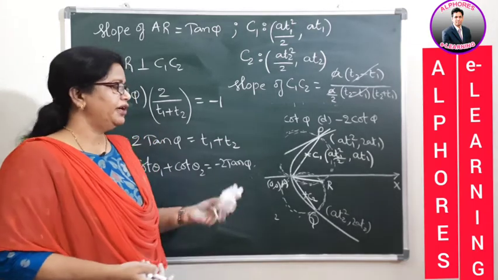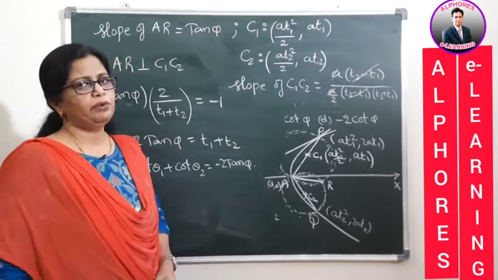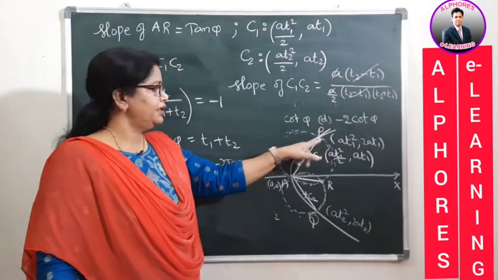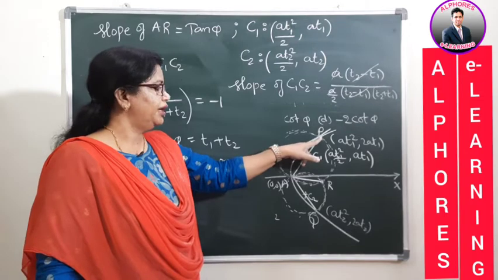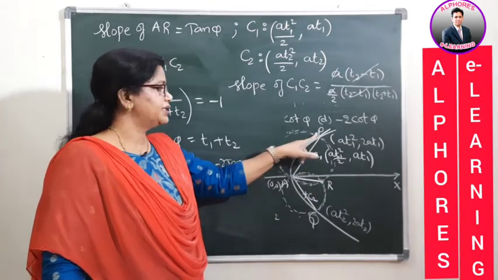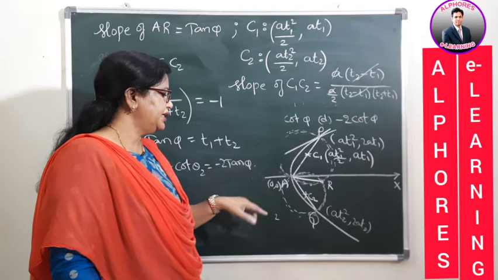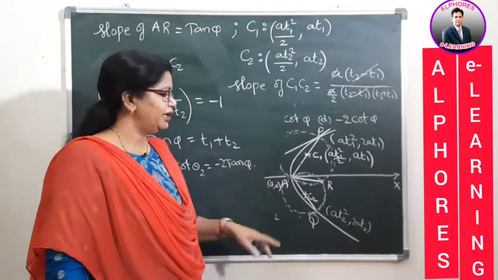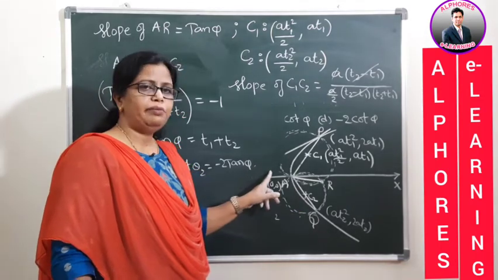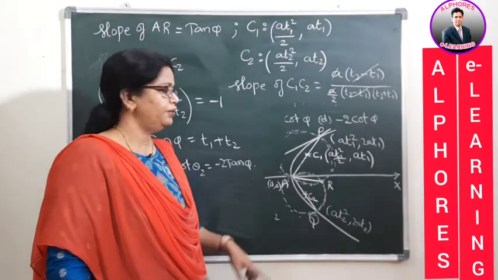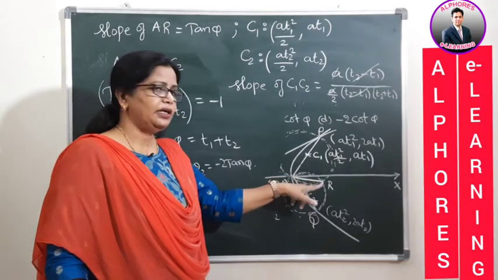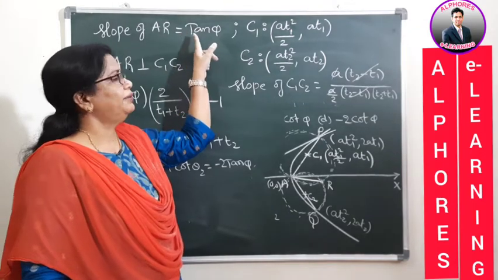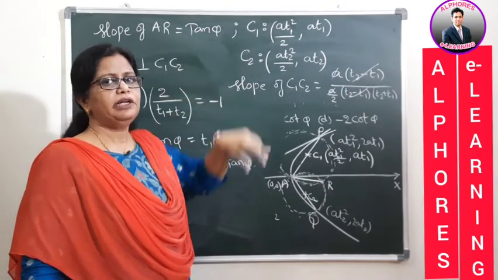So what are the important points we have used in this problem? One of the important points is that we have taken the slope of the tangent drawn at T1 to the standard parabola y square is 4ax as 1 by T1, and as the inclination is given as theta 1, therefore 1 by T1 is tan theta 1, and another one, 1 by T2 is tan theta 2. The AR inclination is also given, therefore the slope of AR is tan phi, and we have to connect this value with respect to T1 and T2.